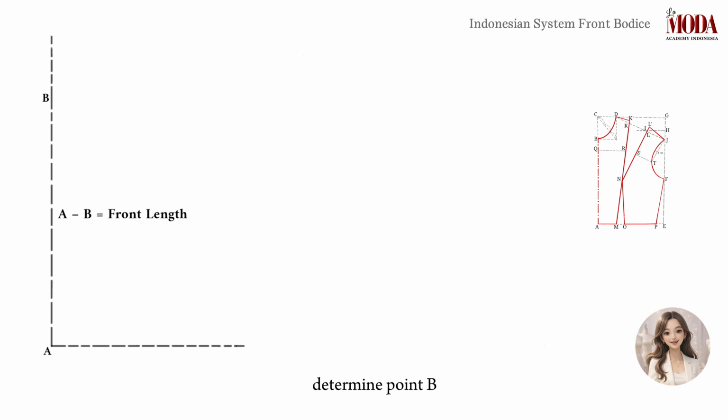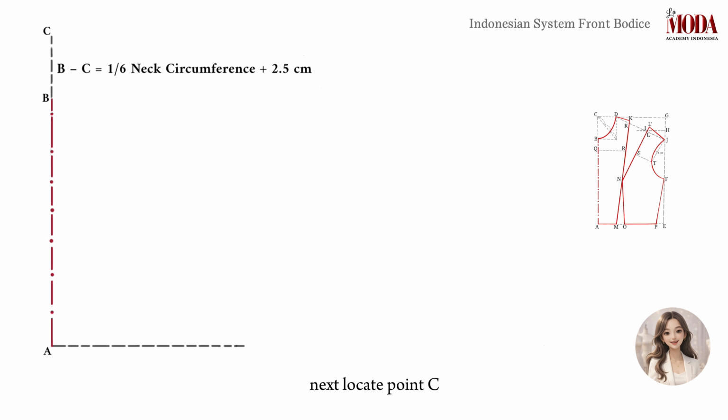Determine point B. The distance from point A to point B is the front length. Measure upward from point A to locate point B. Next, locate point C. The distance from point B to point C is 1/6 of the neck circumference plus 2.5 centimeters.